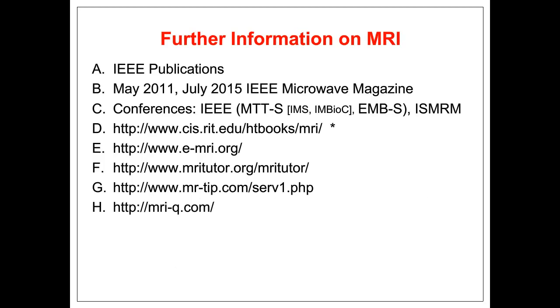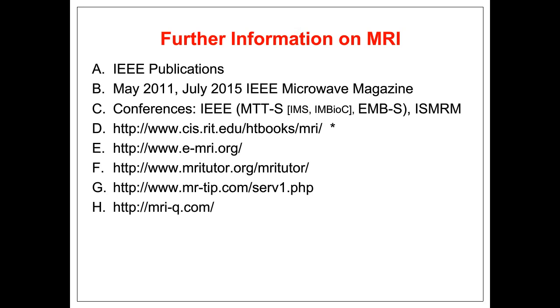Further information can be found about MRI. There are quite a few IEEE publications. There were a couple of articles in the IEEE magazine, with the dates listed, that focused on MRI. But recently in conferences such as IMS or IMBioC from the MTT Society and the EMBS Society, lots of work is being done in MRI, very good resources.